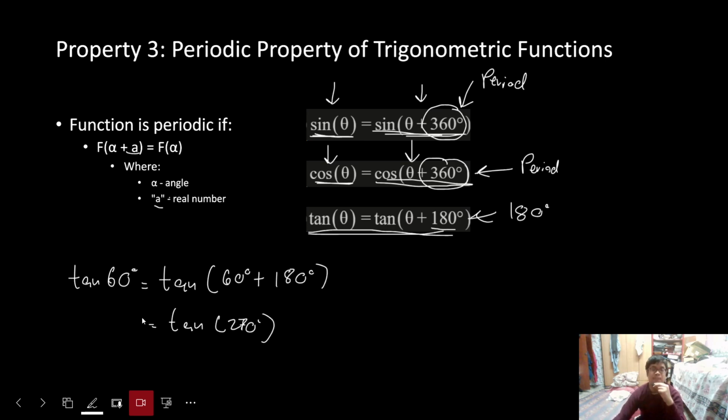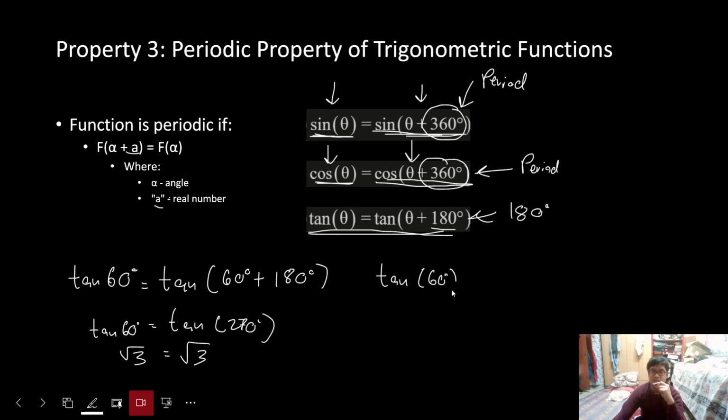270 degrees. So, what is tangent of 60 degrees? Tangent of 60 degrees is actually square root of 3. And tangent of 270 degrees is also square root of 3. So we can say that they're the same. How about we try 360 degrees?